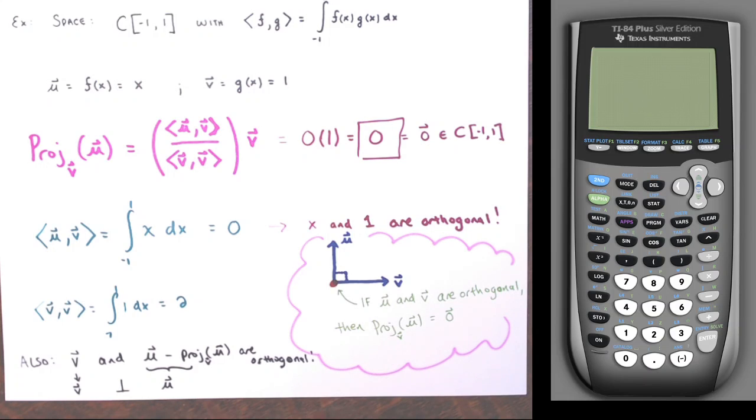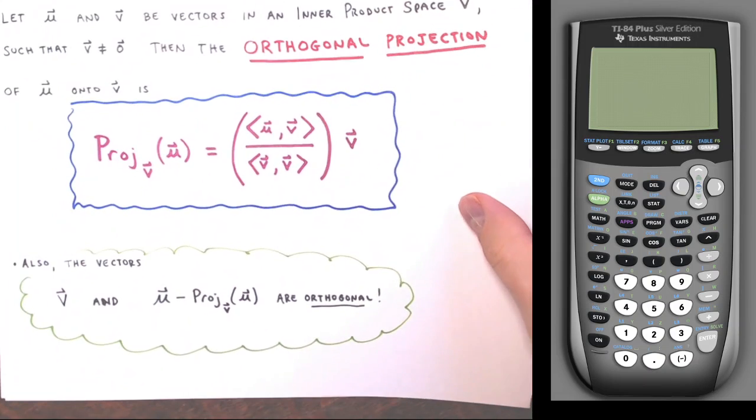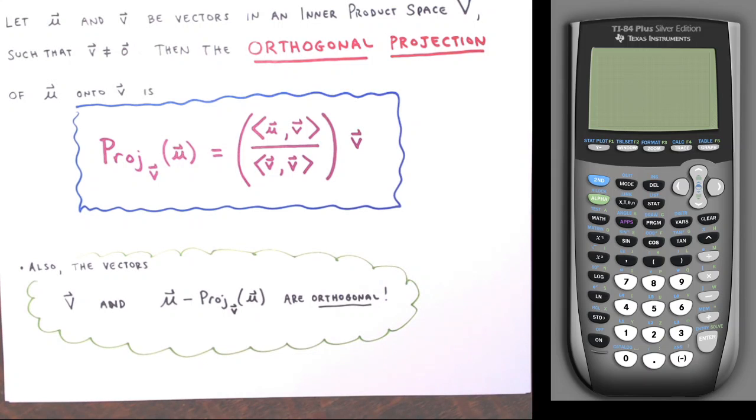Great. So I think the biggest thing to take away from the video is the statement about general inner product spaces, which I have right here. Take this away from this video, please.